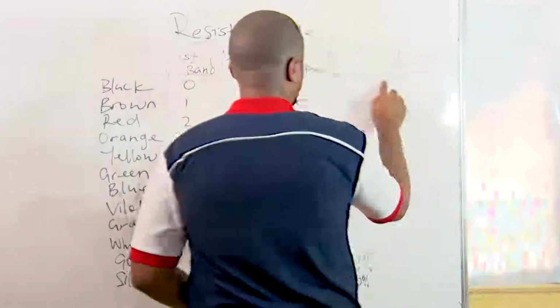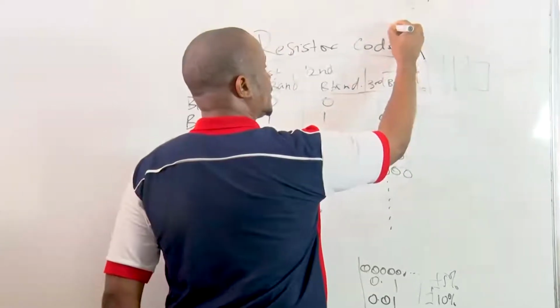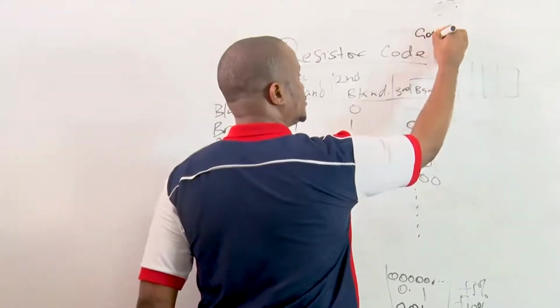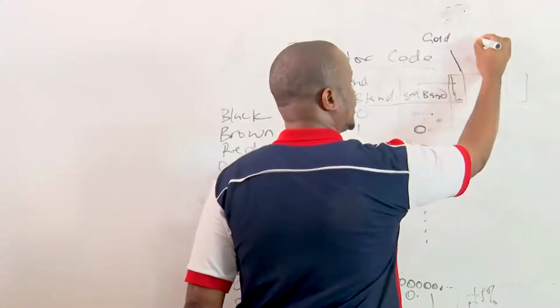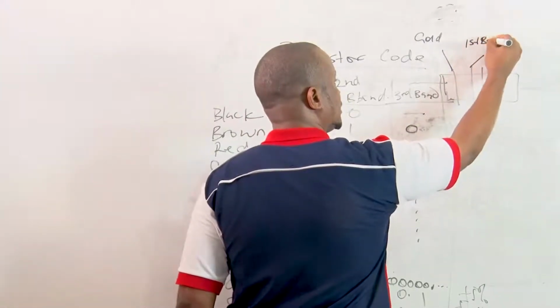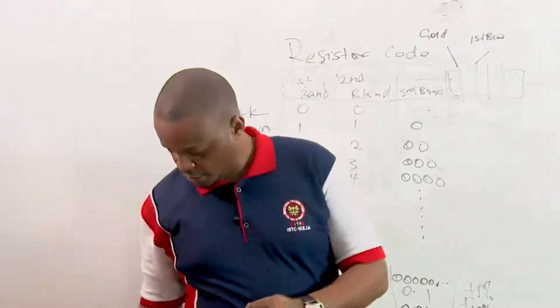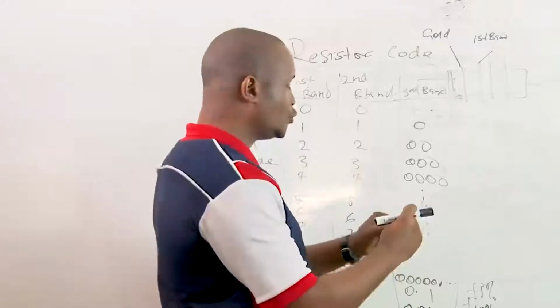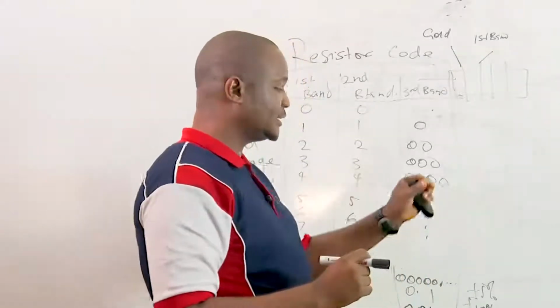So let us assume that this is our gold. That is the tolerance. Now this is our first band, because there is a method you use to read it. When you are having the resistor, you look for the banded end. That is the place with the tolerance.